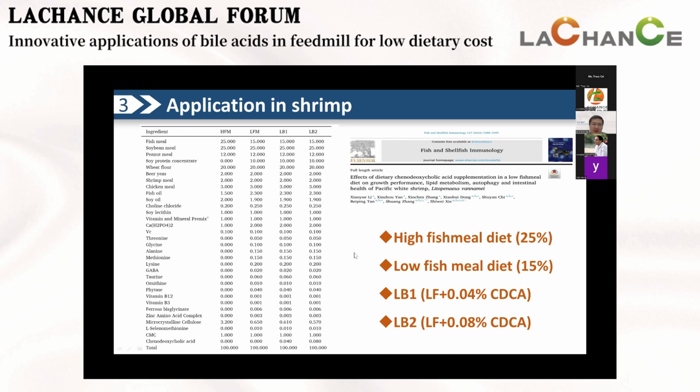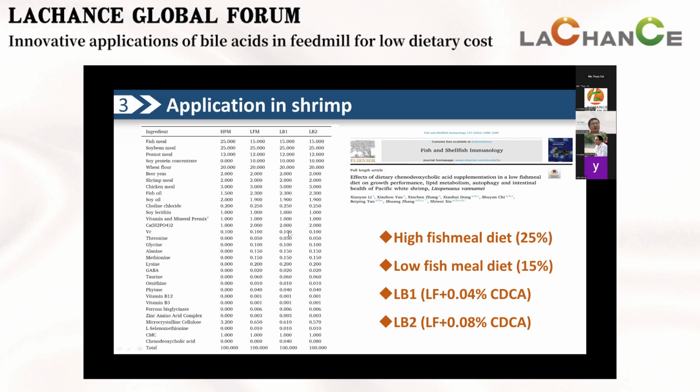And the next experiment is in the Penaeus vannamei model. We also conducted a similar experiment in the Litopenaeus vannamei. In this experiment, we used 4 diets, also a high fish meal diet or low fish meal diet, and 2 levels of bile acid.